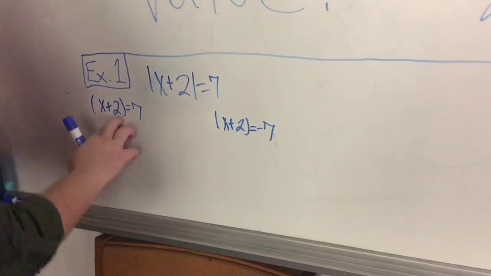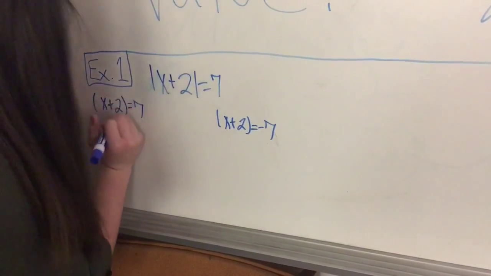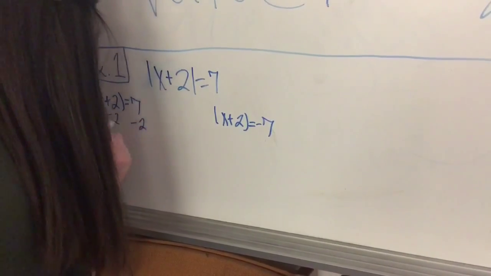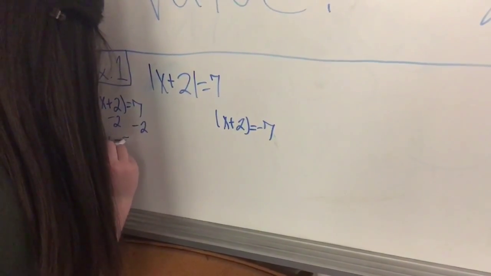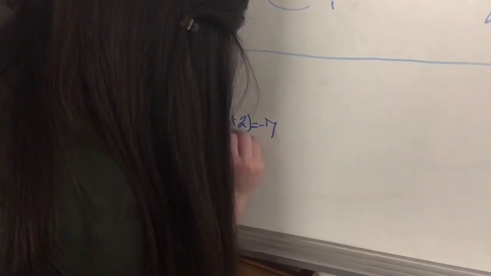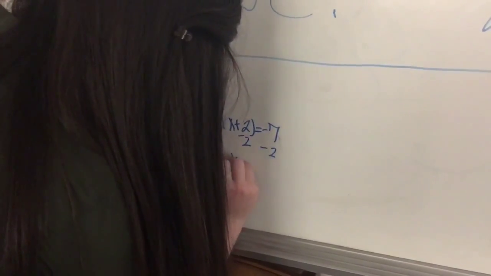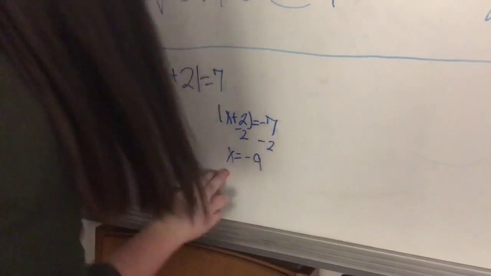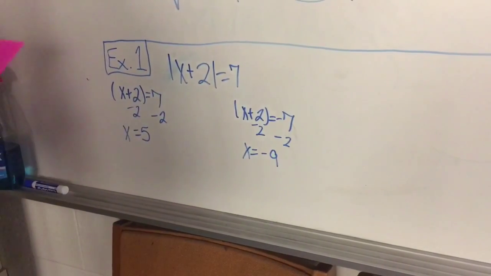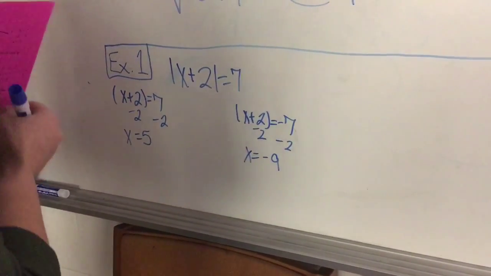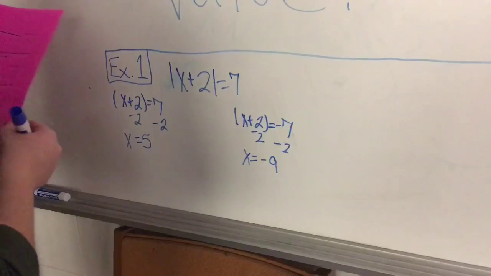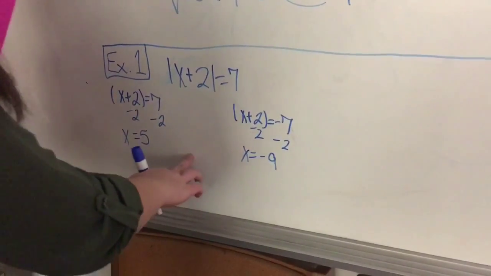Then, you go ahead and isolate the variable, and solve for x on each side. Once you find the solution to each equation, plug the solution back into the original absolute value equation.